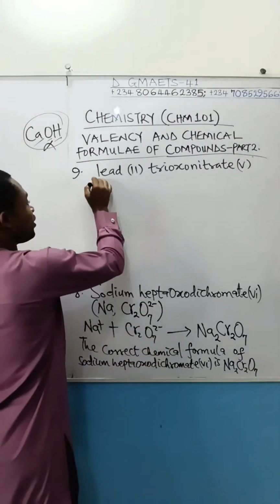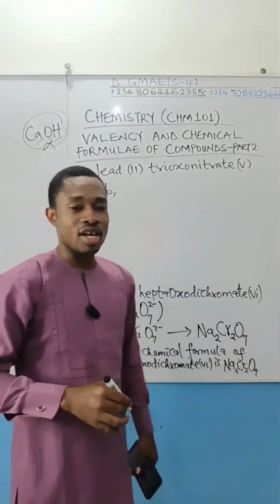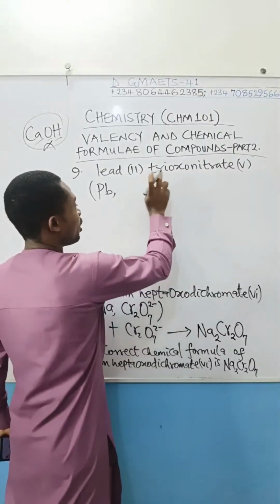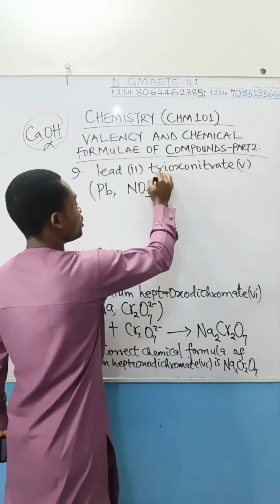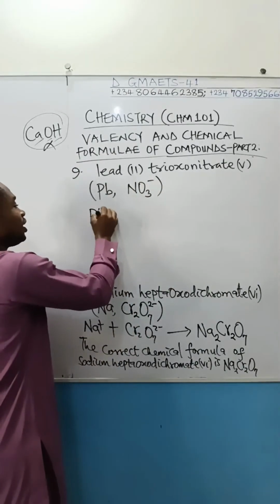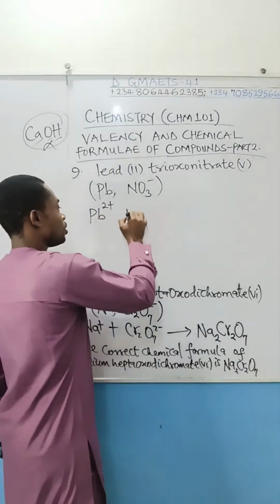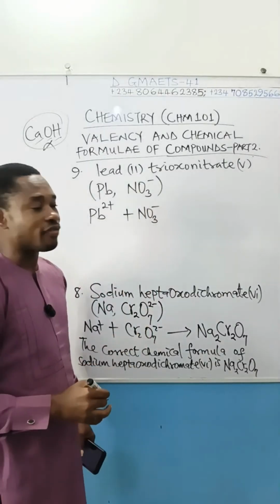So here we have lead. Lead is Pb. This one now is not among the first 20 elements. It's beyond it. Then we have the trioxonitrate, which is a radical. Good enough, we've seen it today. When they combine, lead is 2+. The valency of lead is 2. Then it's going to combine with this radical, the trioxonitrate(V) ion.